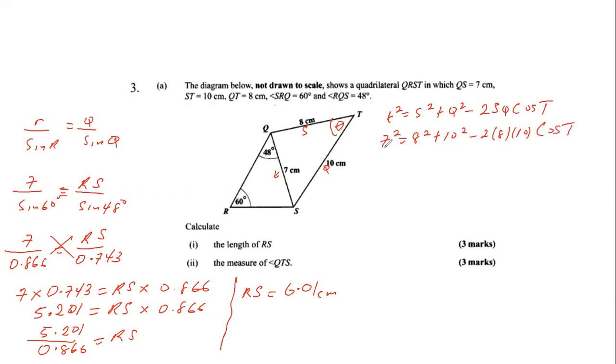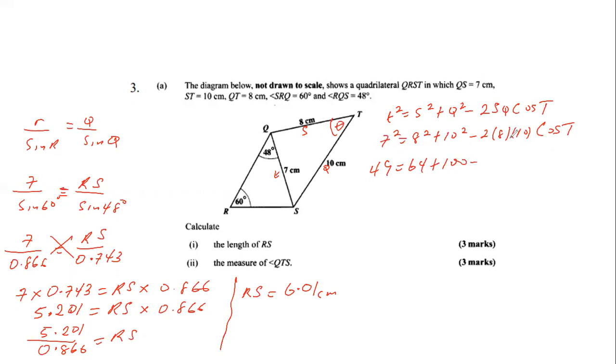Now we find what is 7 square. Can somebody tell me? 49. What is 8 square? 64. What is 10 square? 100.